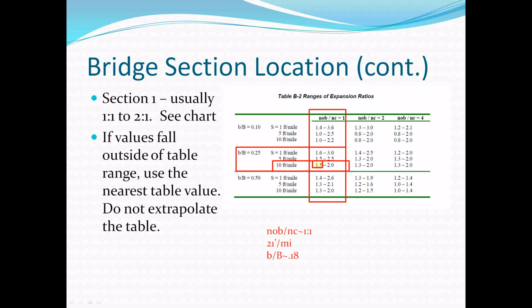So what I did is I just took this section here, the 10 feet per mile, and I used the smallest value for the expansion ratio because my slope was steeper than this, and as you're moving from flatter to steeper, the ratios are going down, and so I figured I'd use the smallest expansion ratio in that column. So I used 1.5 to 1 for my expansion ratio, and then laid that downstream bridge section out the same way, the section 1.